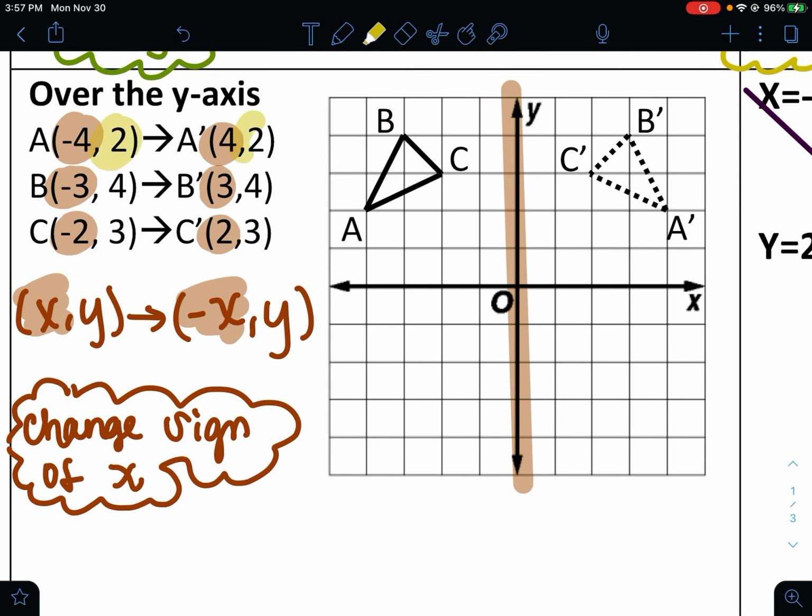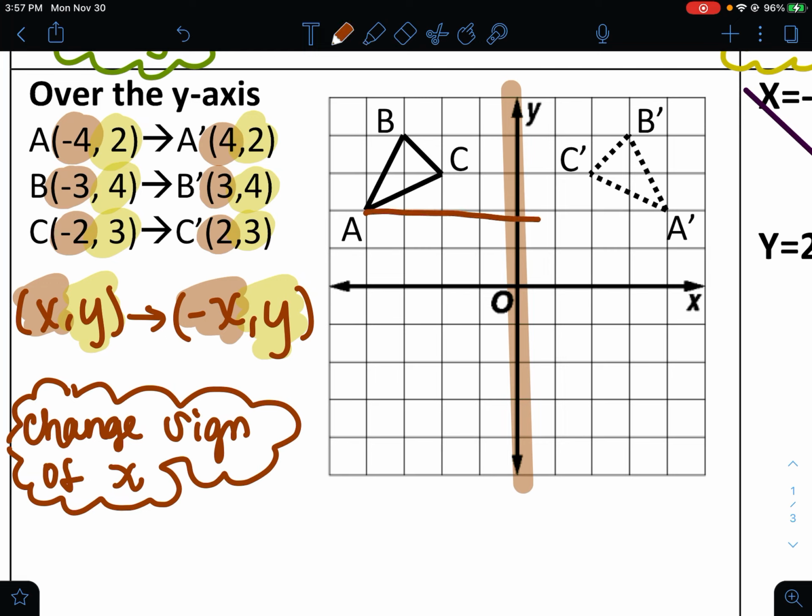Now let's take a look here, 2, 2, 4, 4, 3, 3. Again, y stays in the same spot, and it also keeps the same sign. So the only thing that changes when you reflect over the y-axis is the x sign.